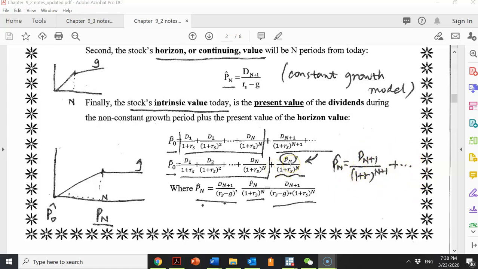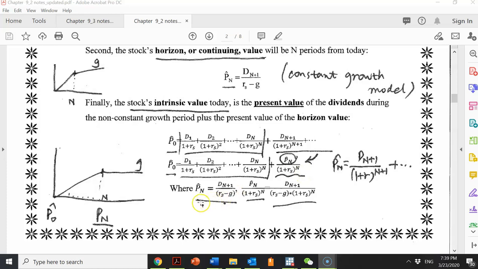And for Pn, we can divide by 1 plus r to the power of n to discount it to the present to get part of P0. So P0 ends up being all the dividends from D1 to Dn in the first stage, discounted to the present, plus Pn, the horizon value, discounted to the present.